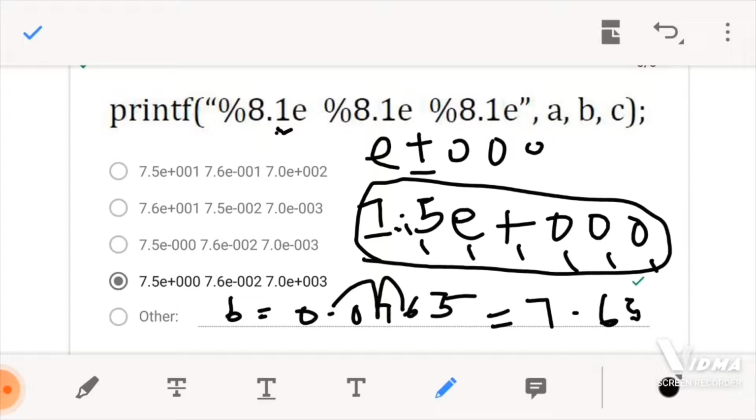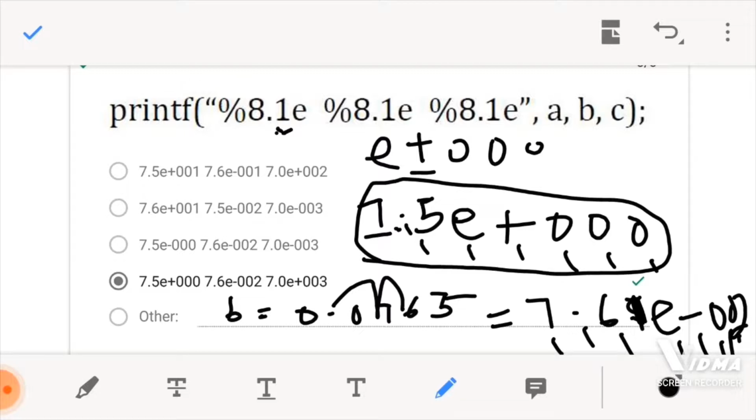Some of us would write 10 raised to the power negative something, but in C programming, in the scientific notation that we are using, it would be exponent negative 002, because we moved 2 decimal places. Now this would also satisfy our minimum requirement, because let us count. We wouldn't actually bring the 5 because we need a precision of 1, so this one is out. So let's count. 1, 2, 3, 4, 5, 6, 7, 8. Hence our requirement is fulfilled.